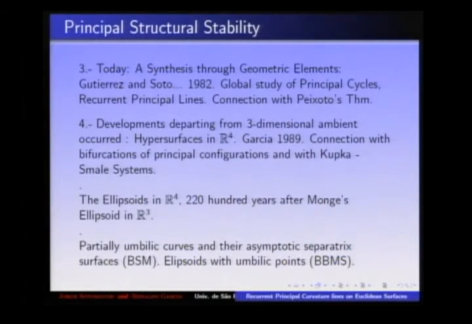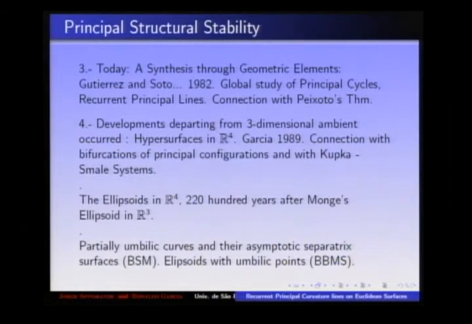And the global study of principal cycles, for instance, here in the ellipsoid, I was mentioning the connections, the singularities, and also the cycles, the periodic orbits.